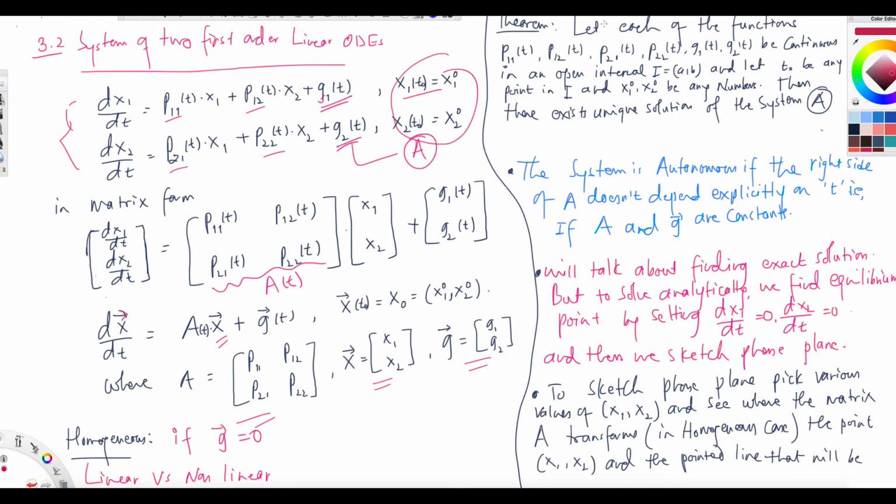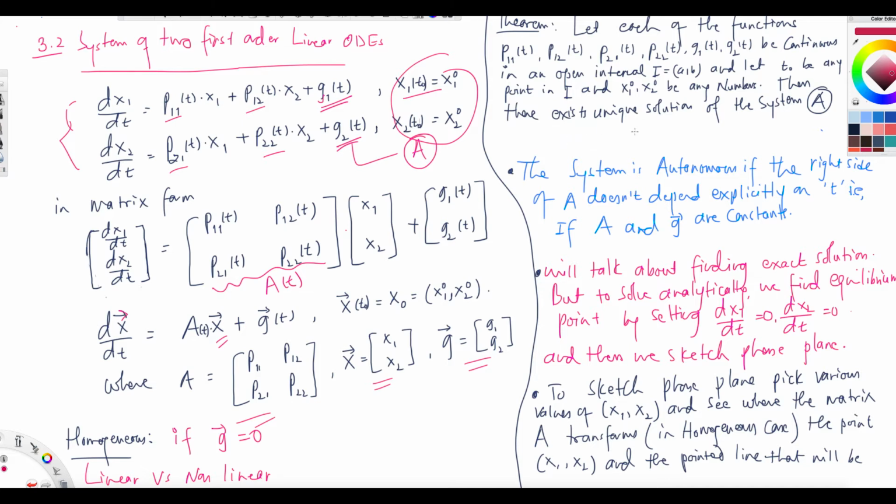So there is a theorem. It says: let each of the functions p11, p12, p21, p22 and g1, g2 be continuous in an open interval I equals (a, b), and let t0, the initial time, be any point in that interval. t0 must fall in that interval, and x10, x20 are the initial values, which are numbers.